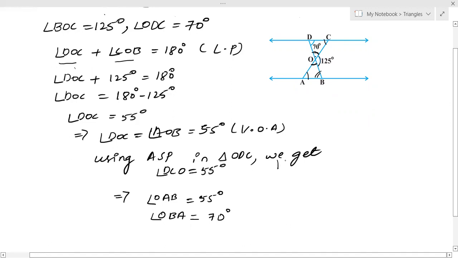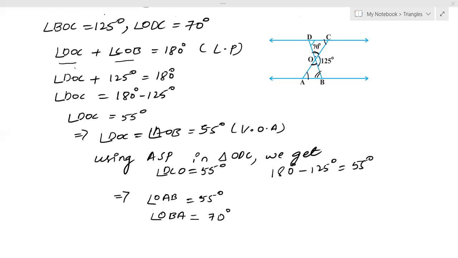That is 180 degrees minus 125 degrees. That gives us 55 degrees. Okay, so that's how we got OAB as 55 degrees and DCO is 55 degrees. So by this we have found all the required angles.